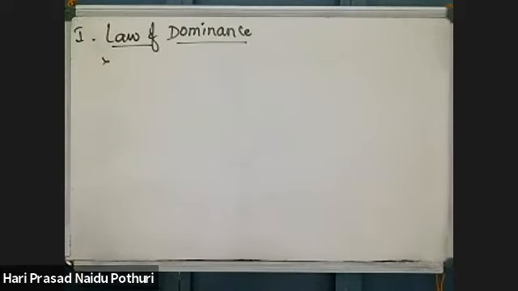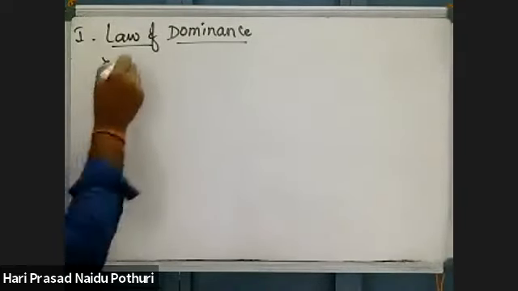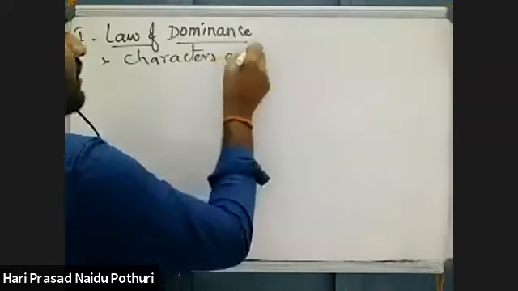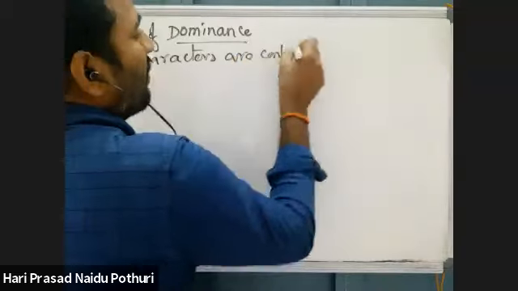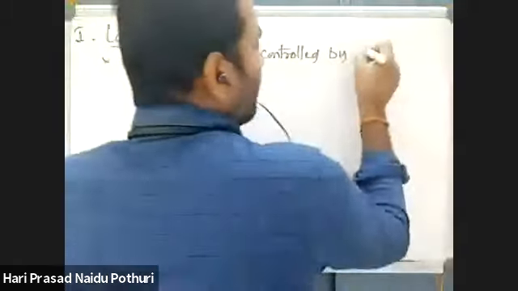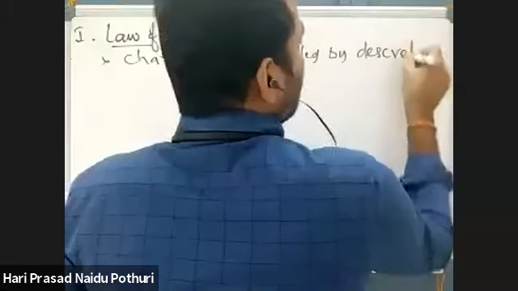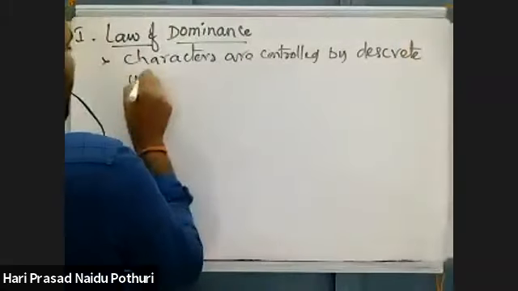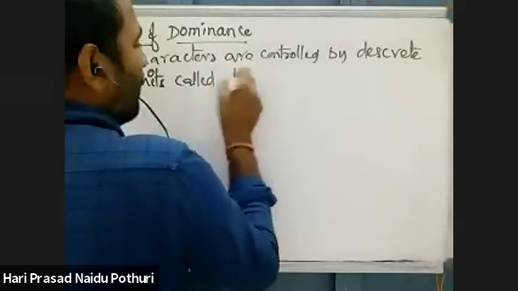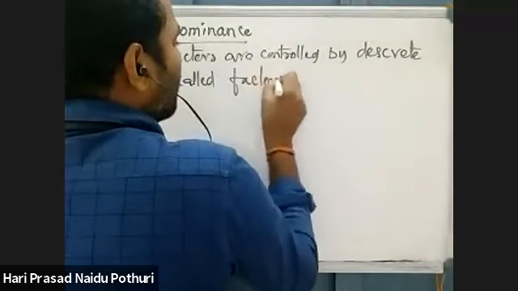What are those? Characters are controlled by factors. Characters are controlled by those units of inheritance which are called discrete units, called factors.